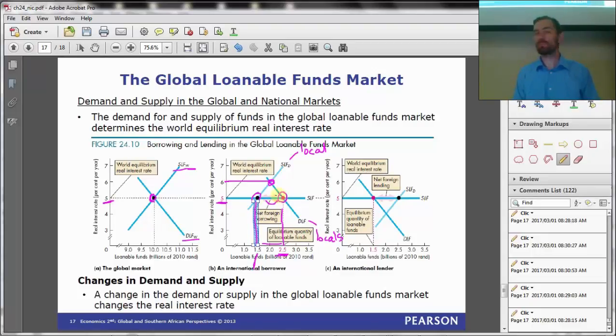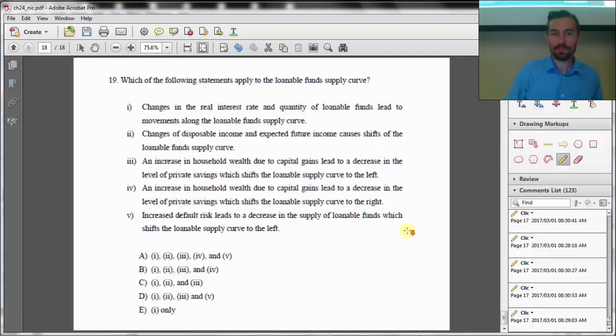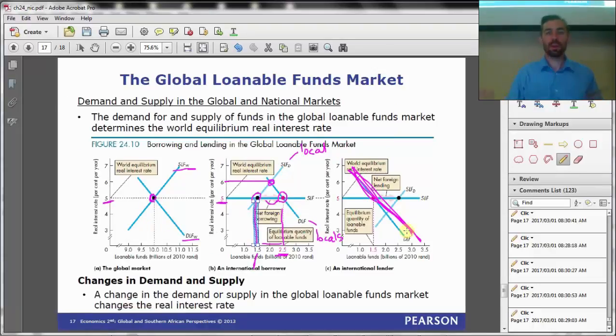Okay? So the curve that we're really interested in is the demand for loanable funds, which becomes our investment curve. Okay. So that brings us to the end of the discussion in that chapter.